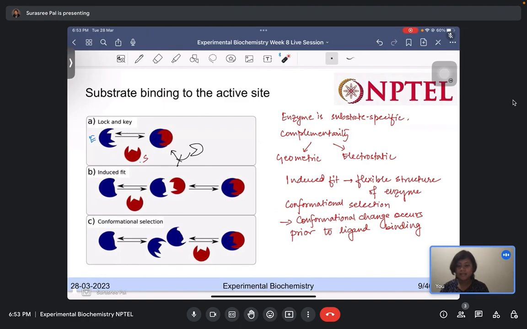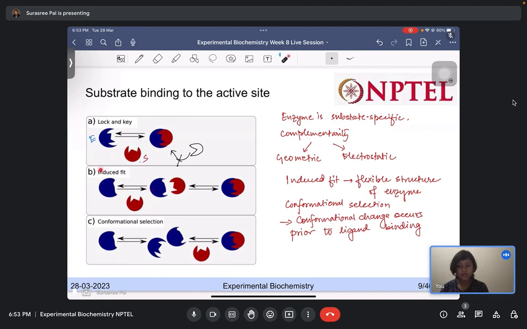So the flexibility is given by the amino acid residues which are present in the enzyme. What we can see is that this model states that the enzyme is not an exact fit of the substrate, right?